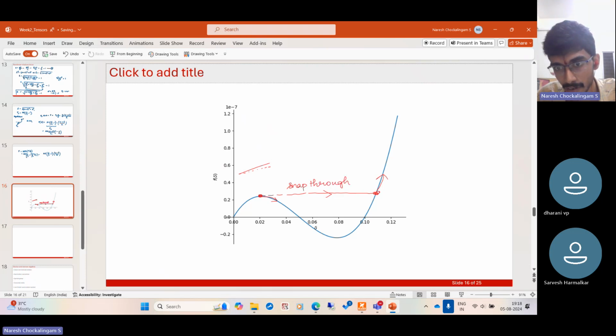And when it crosses this, it has already crossed the maximum. So from here to here, it will just snap, from this point to the other end, right? This is where we started at 0.05, and when it's at 0.1, it's already at the other end, right?